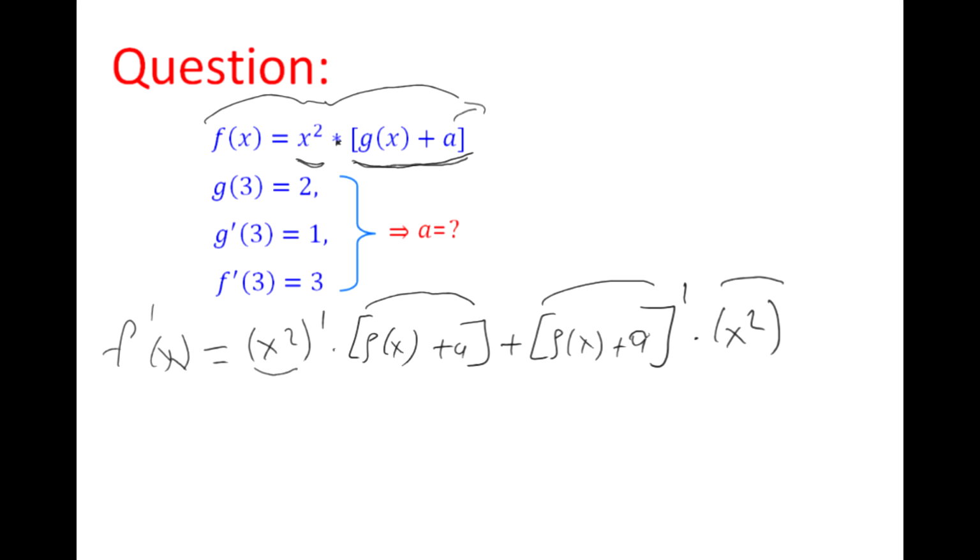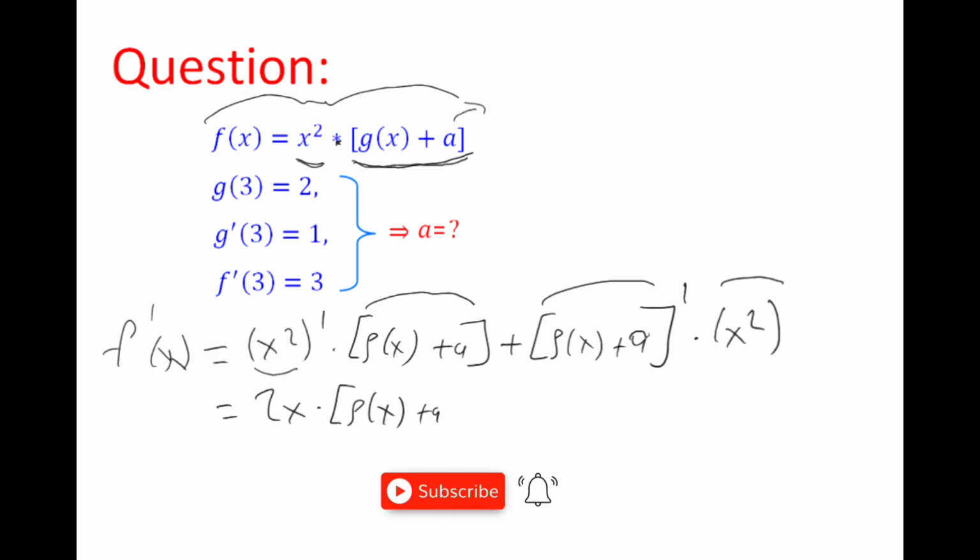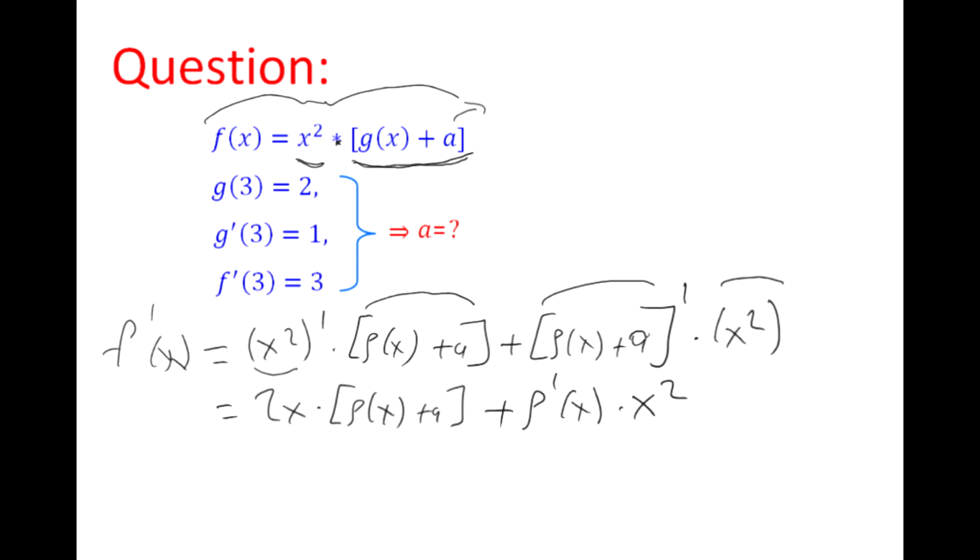So from here we're going to have 2x times g of x plus a, plus the derivative of, actually a is a constant value, so if you take the derivative of it, it's going to be 0. We're going to have only g prime of x times x squared, and this is f prime of x.